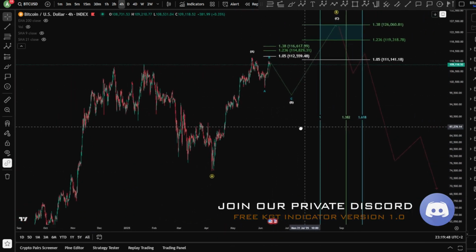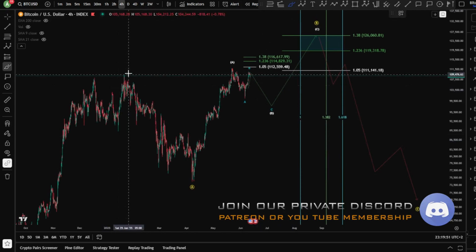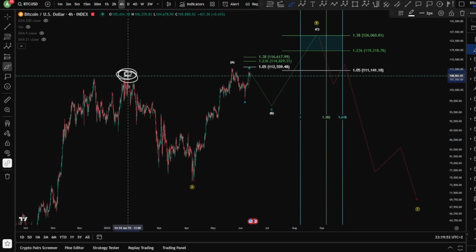So basically, we have bottomed here. Of course, this is our bull run finished at the top here.